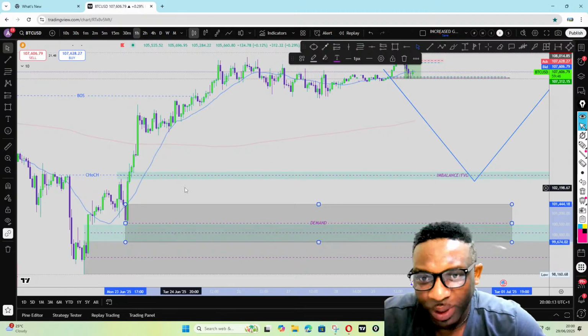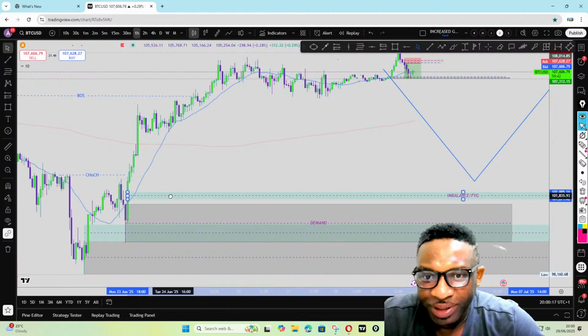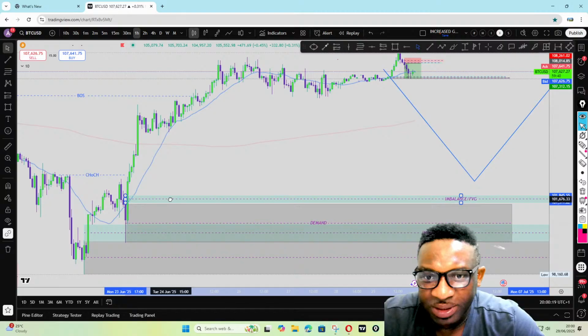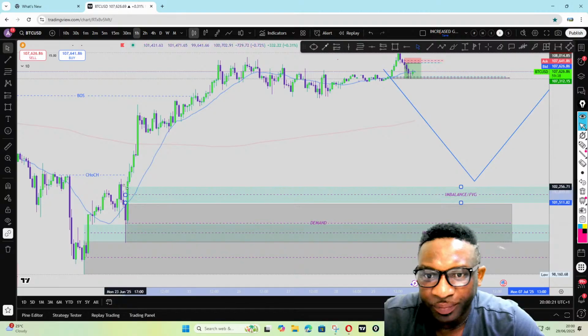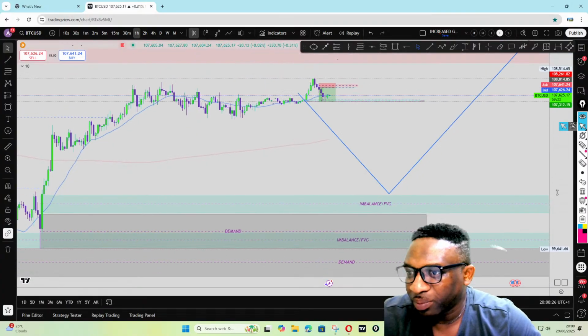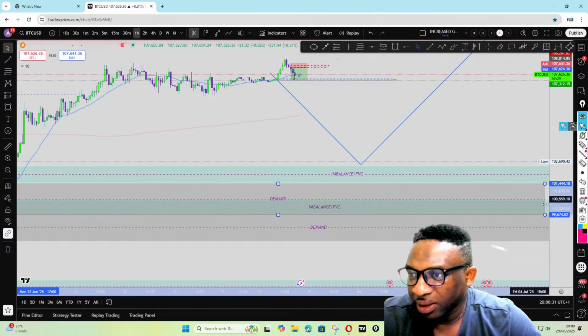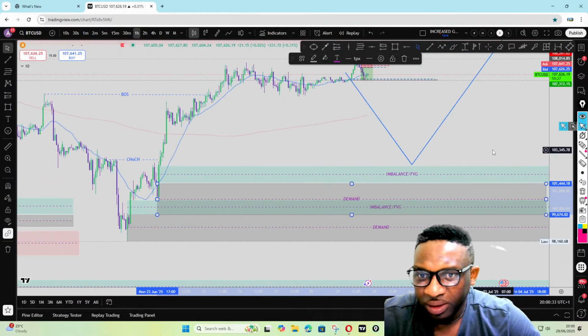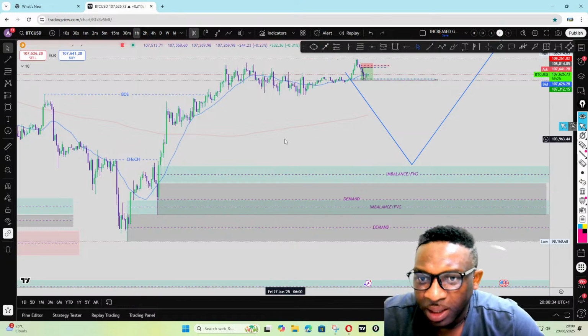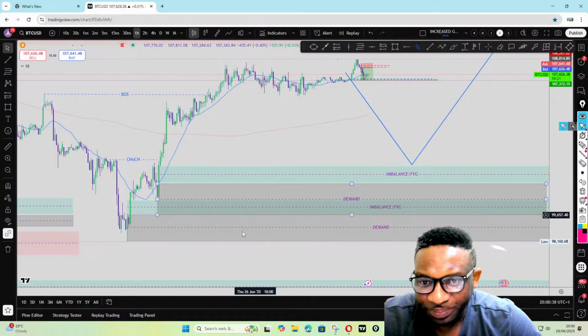So we can be targeting our entries from there. As we know, the more confluences you have, the higher the probability of you getting your entry excellently. So we have these imbalances here, we have this demand zone here.